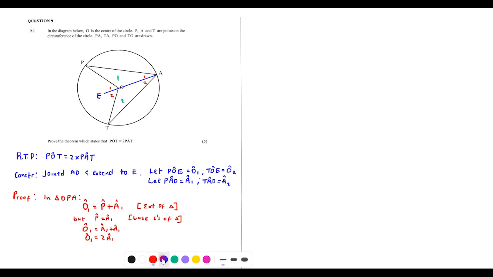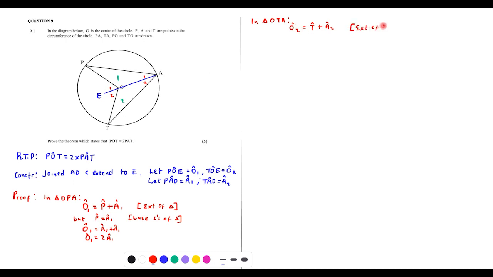Then we're going to do the same thing in the other triangle. In triangle OTA, we see that O2 is equal to angle T plus A2, because it is the exterior angle of a triangle, same as what we did there.